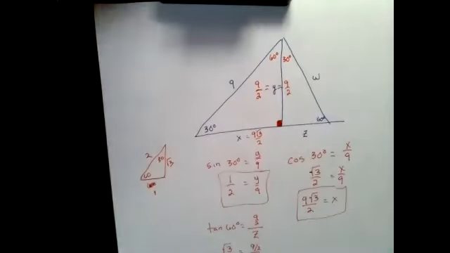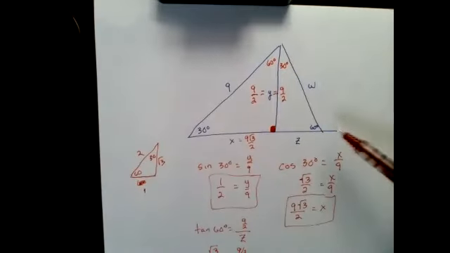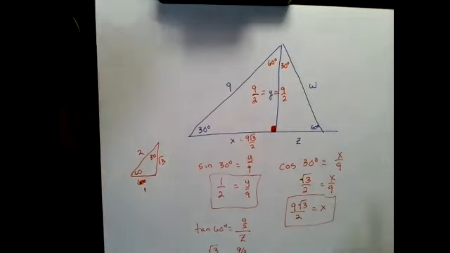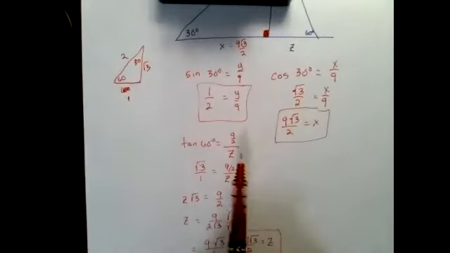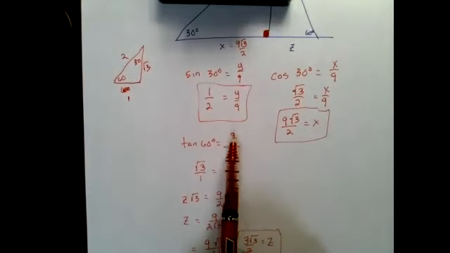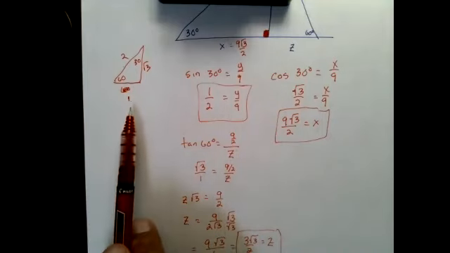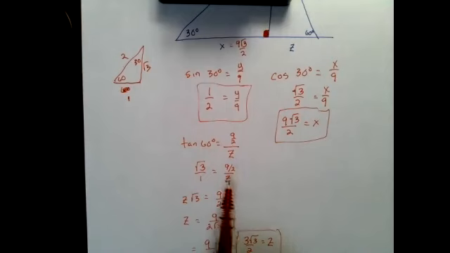Okay, again, I came all the way back up here and said, I'm going to use the tangent of 60, which is 9/2 divided by z. The tangent of 60 is opposite over adjacent. The tangent of 60, square root of 3 over 1, multiplied by z divided by square root of 3.